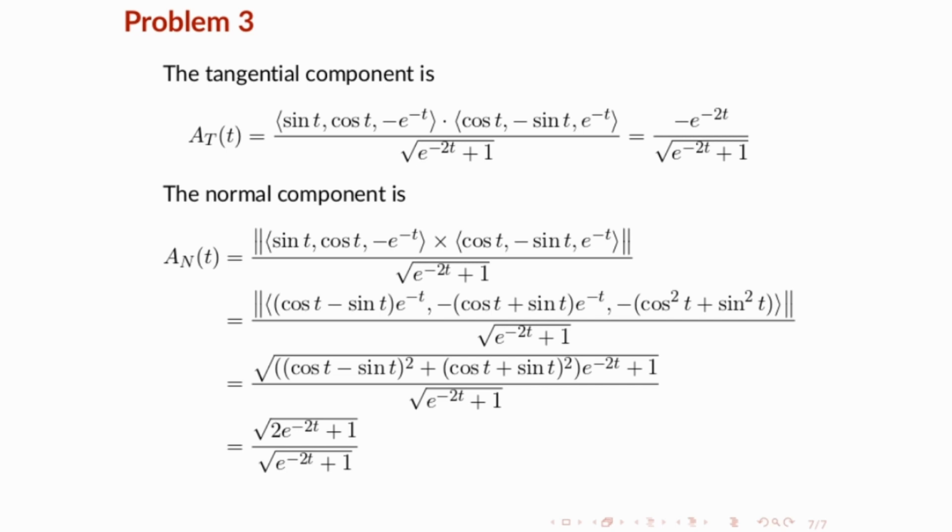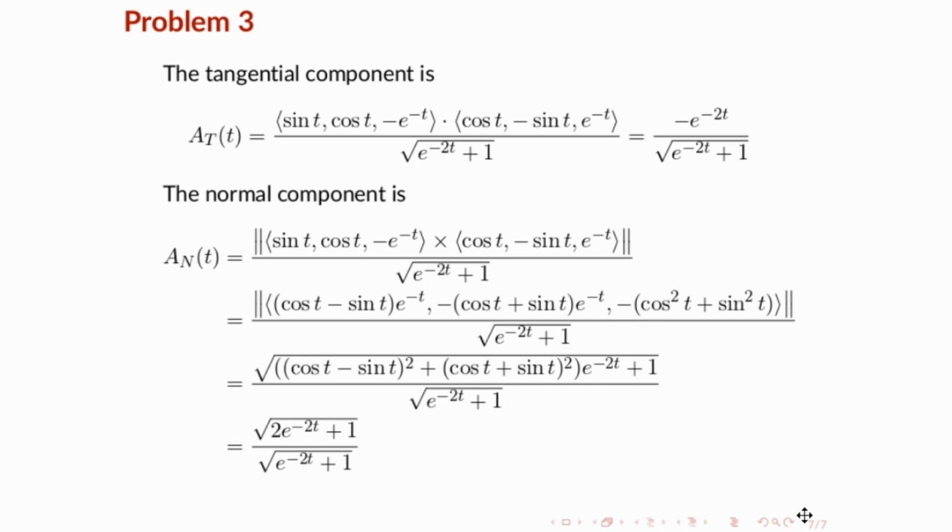And what do we have? We can factor out the e to the power of negative 2t here. And we end up with cosine t minus sine t squared plus cosine t plus sine t squared, all times e to the power of negative 2t. And then we have the plus 1 at the end from the last term, and that's all that's in the square root.